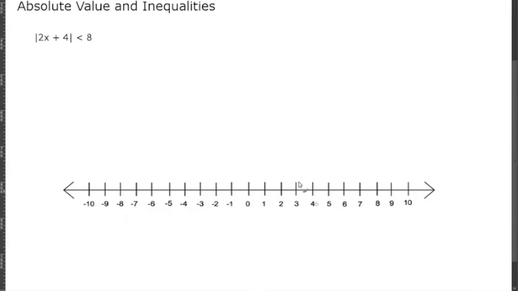Say that I give you the absolute value of 2x plus 4 is less than 8. Right off the bat, we can rewrite this and say -8 is less than, dropping the absolute value sign, 2x plus 4, which is less than 8. Now we solve for x.